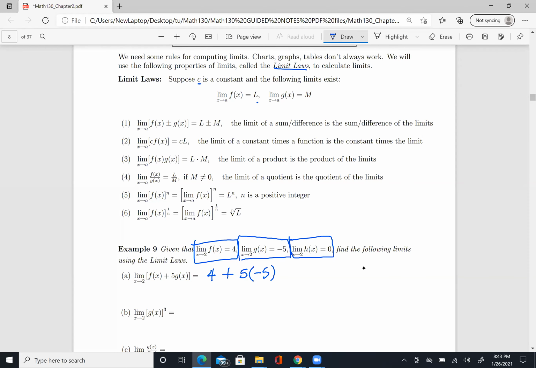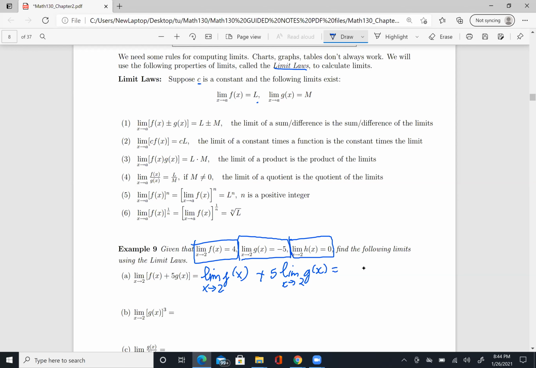Let me clean this up. I'm going to slow down and write it like this so you can understand clearly. Let's say the limit of f(x) when x goes to 2, adding 5 times the limit of g(x). I move the number 5 outside the limit when x goes to 2.